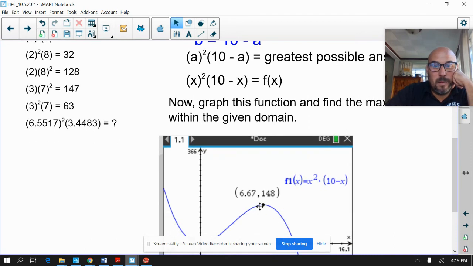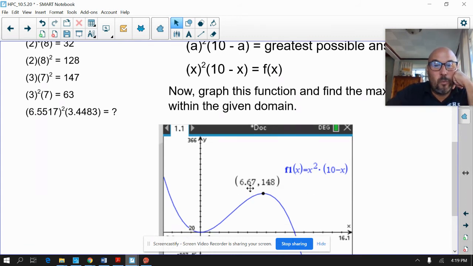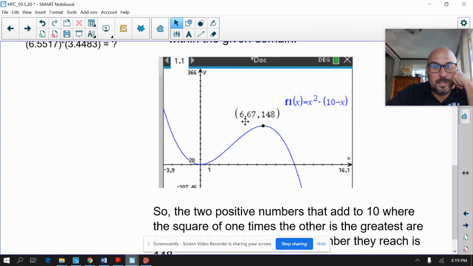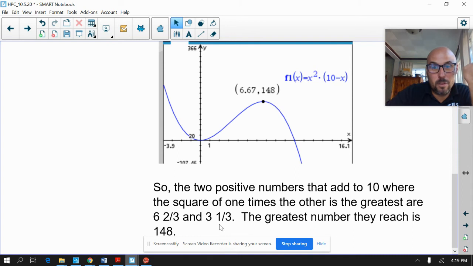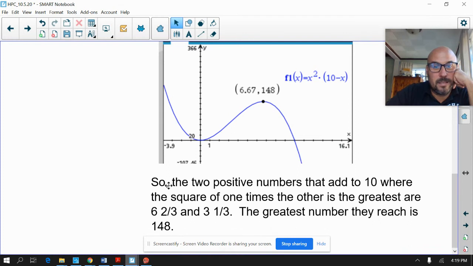I know mathematically that 148 is actually the greatest number achievable. And that occurs when one number is 6.67. It's actually 6 2/3, which makes the other one 3 1/3, because they both have to add up to 10. So I just subtracted from 10. And I get this paragraph as the ultimate goal, and everything above it is the work that supports it.